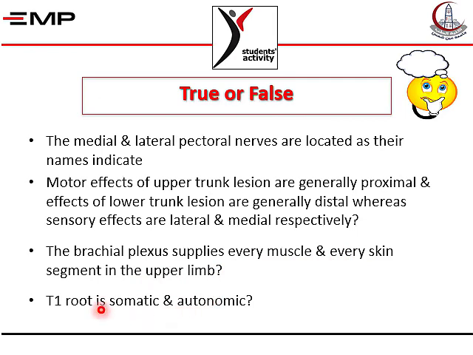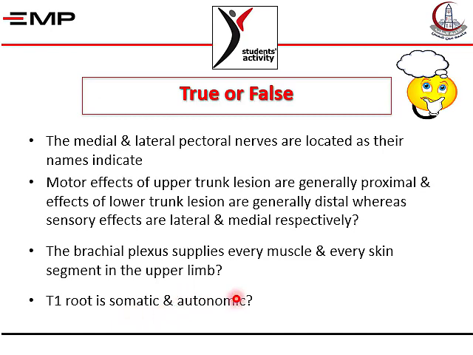The last statement is: T1 root is somatic and autonomic. Well, let's think. Yes, it shares in the brachial plexus, having sensory and motor actions, so it is somatic.